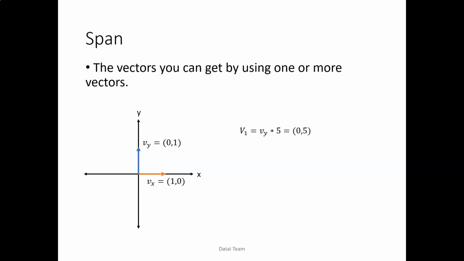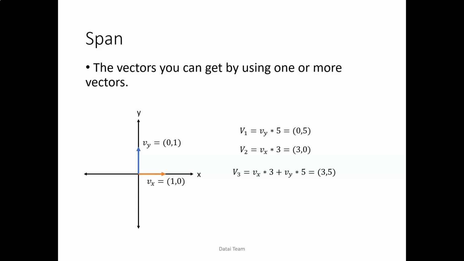Let's do a simple example. For example, our V1 is equal to Vy times 5, so (0, 5). We scaled our Vy to get V1, and we scale Vx to get V2, so just multiply it by 3. We have (3, 0) and (0, 5), and we can get V3 by adding V1 and V2.